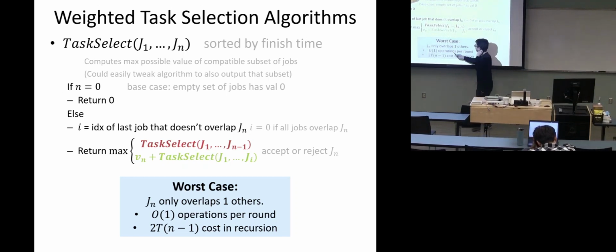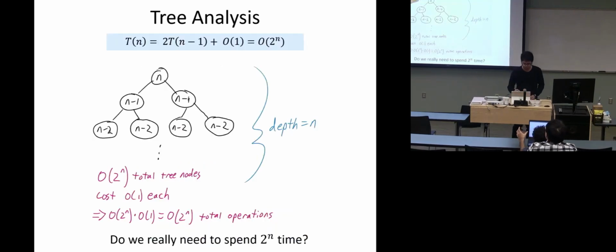For each job, like the last job here, we just spend constant time per round. But when we recurse, we might recurse into subproblems, each of size at most n-1. And so the recursive running time looks something like this.